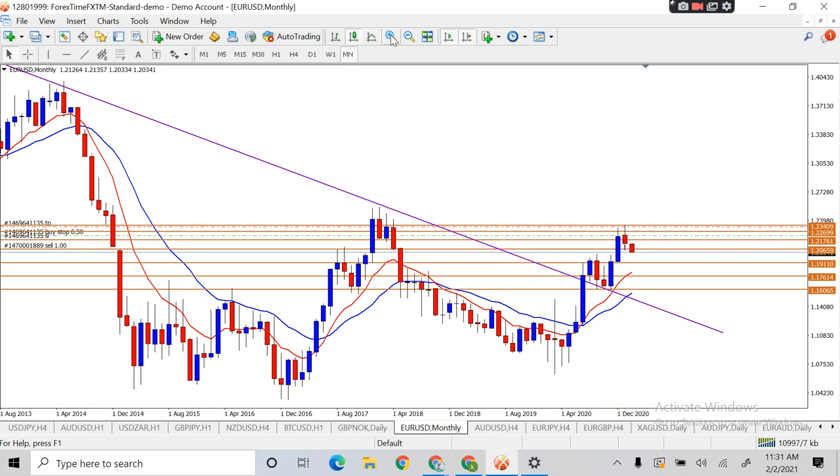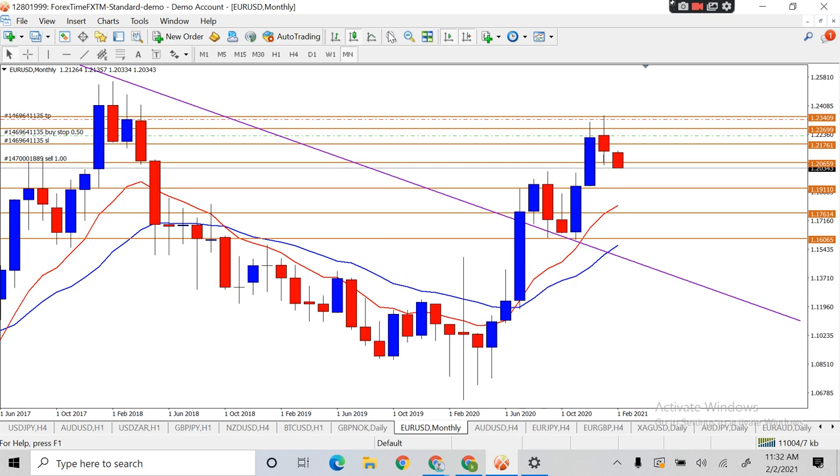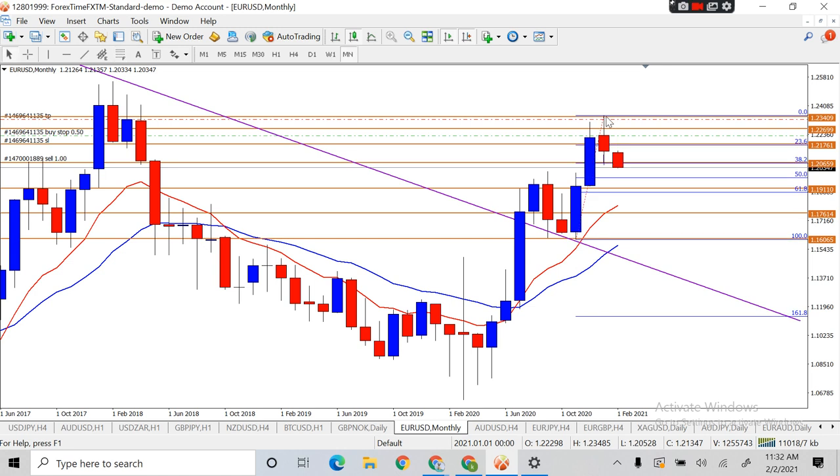Okay, so let me pull out my Fib and let's see where this retracement might stop. Because it's an uptrend, we'll take the Fibonacci from the latest swing low to the highest point. So right now the Fib is showing us that this pair may be retracing to the 50.